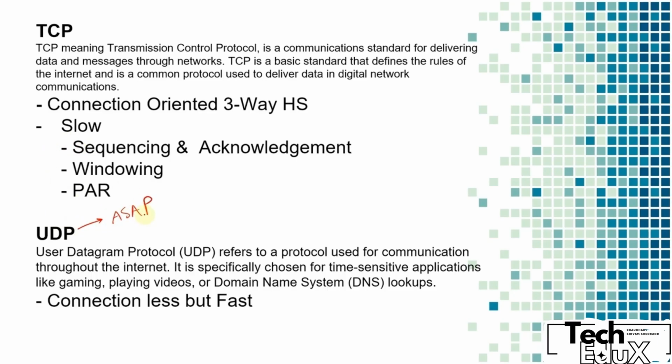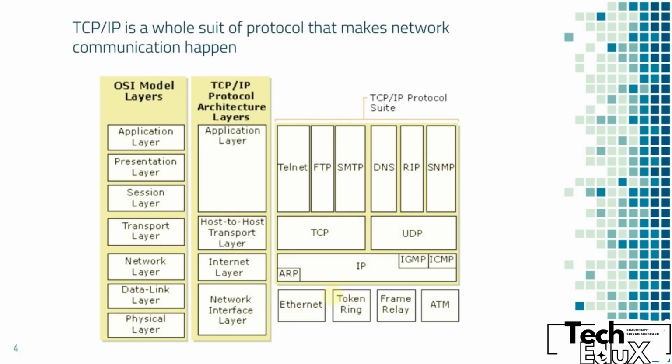Under TCP it is written connection-oriented using a three-way handshake. So this is reliable with the help of the three-way handshake, and I'm going to cover what that is in the next slide.